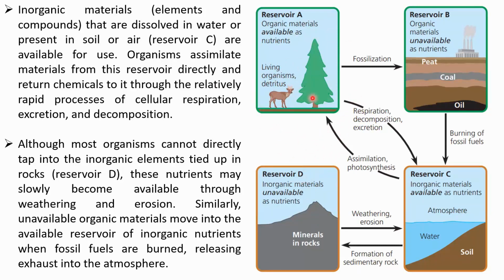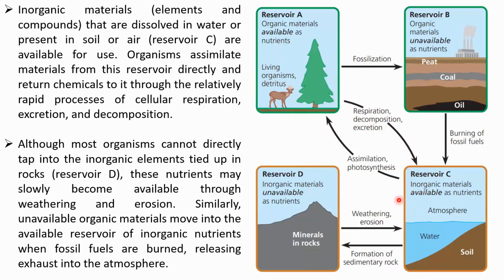This organic form can further be eaten by living organisms and returned to reservoir C by the process of respiration, decomposition, or excretion. So this is how the flow of nutrients takes place between reservoir A and reservoir C.